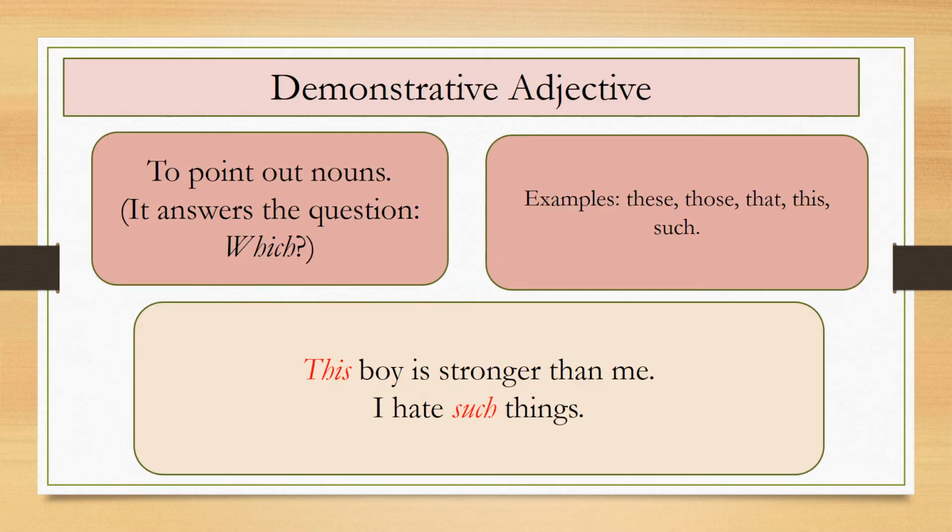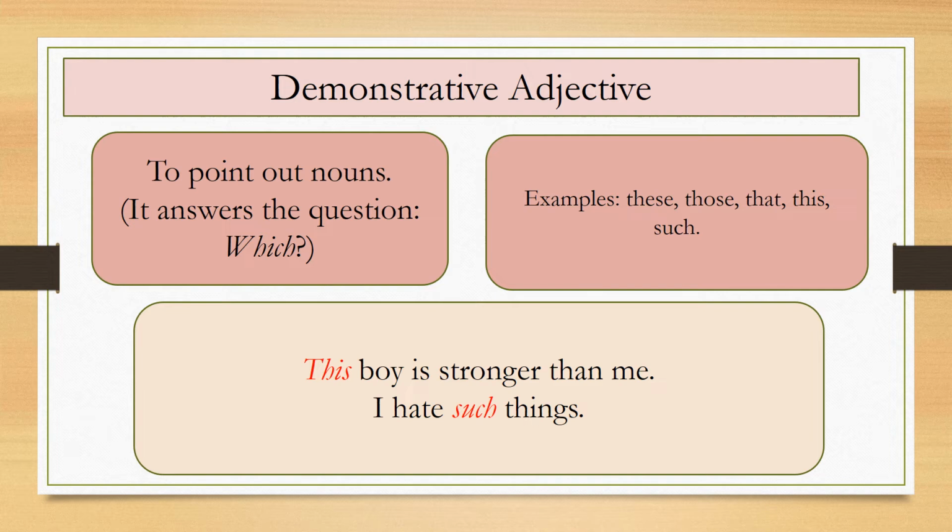To the next one, it is demonstrative adjective. These are used to point out nouns. It means that it answers the question which. For example, these, those, that, this. For example, this is my book. That is your pen. This boy is stronger than me.